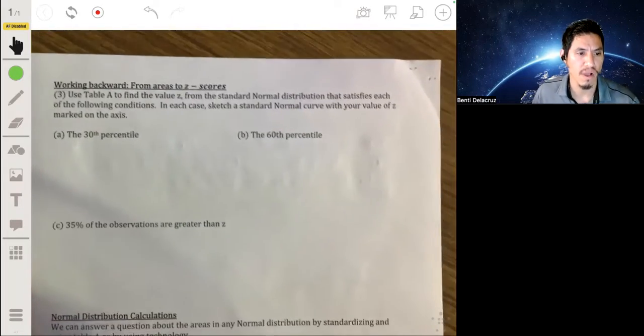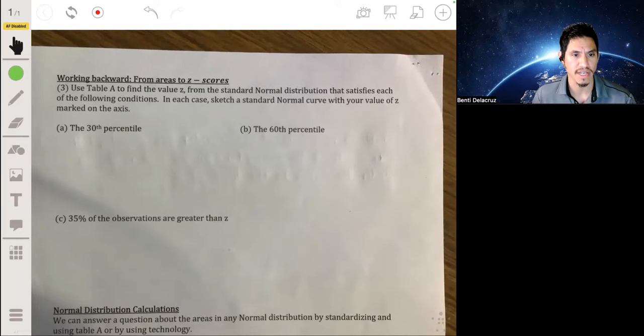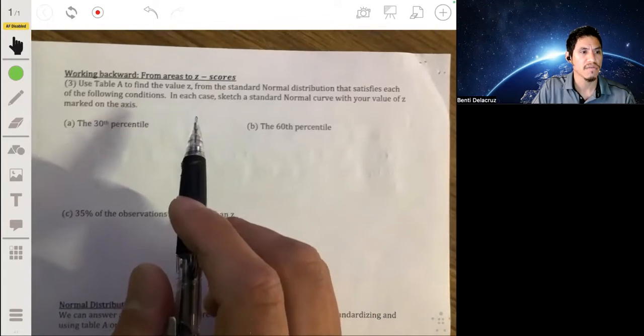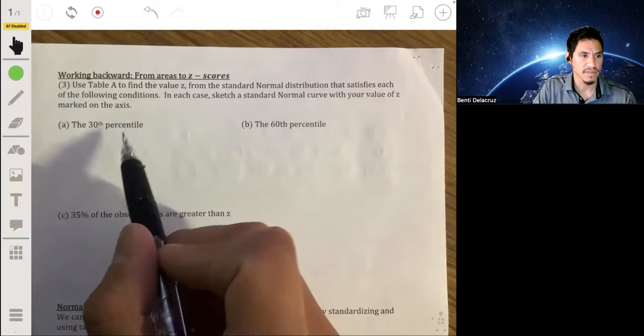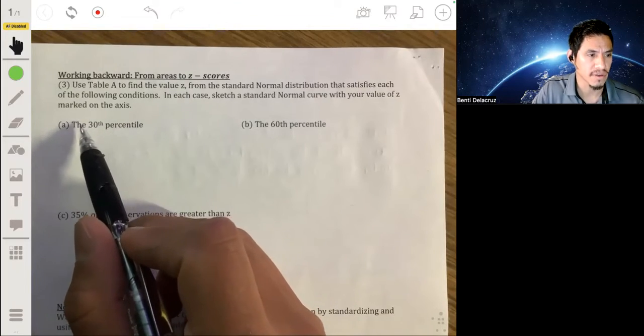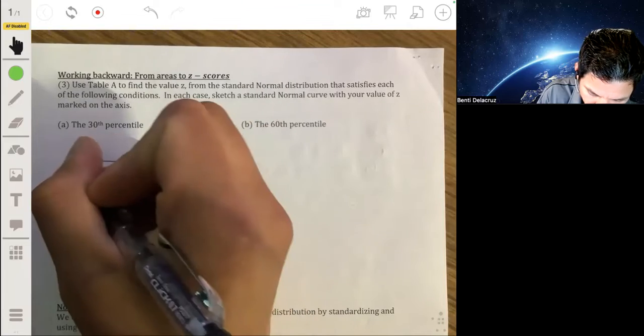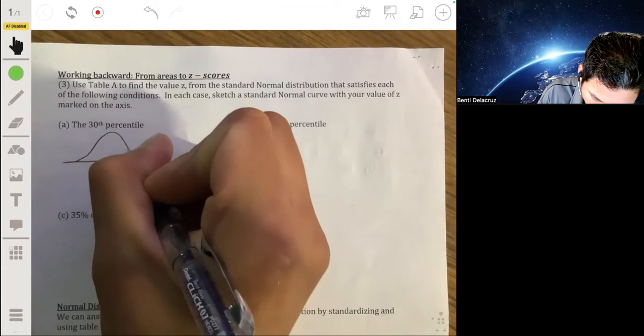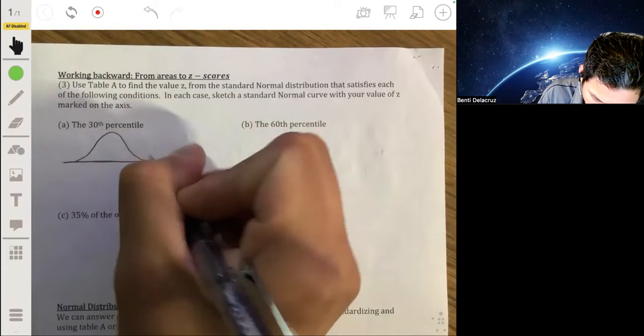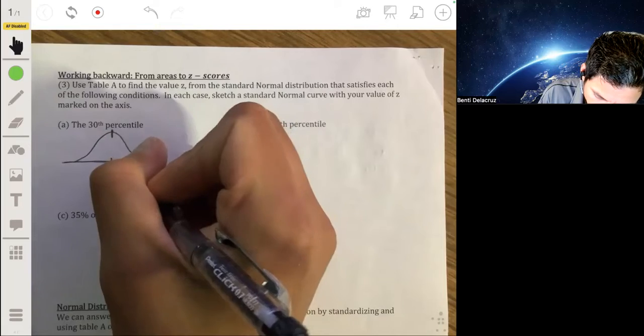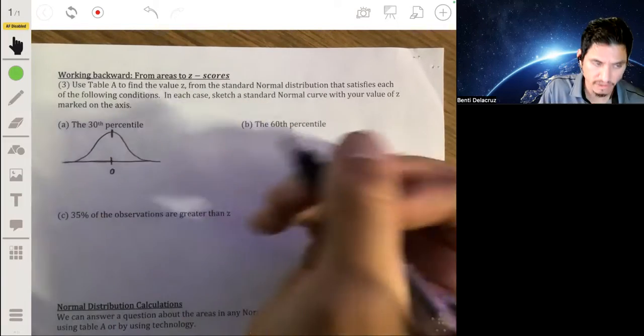Next, we're just going to look at what we do in the cases when we're given the percent and then have to find the z-score. So let's say we want to figure out the z-value given the 30th percentile. Let's first again draw a sketch of what we're looking at, with our mean in the center, or z-score of 0.